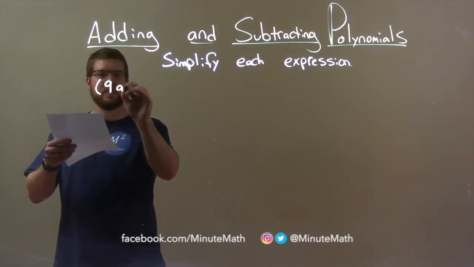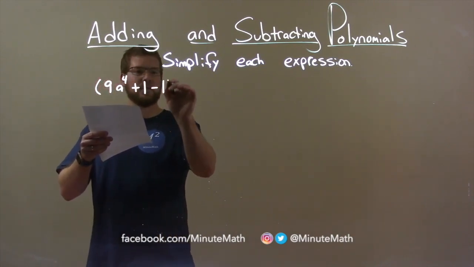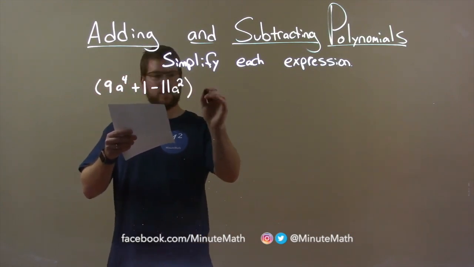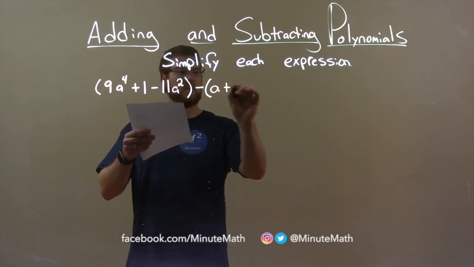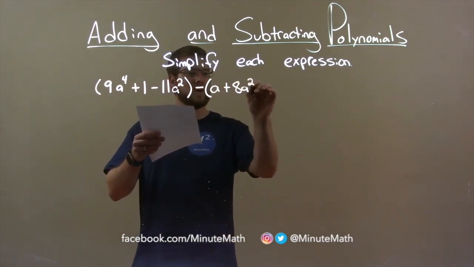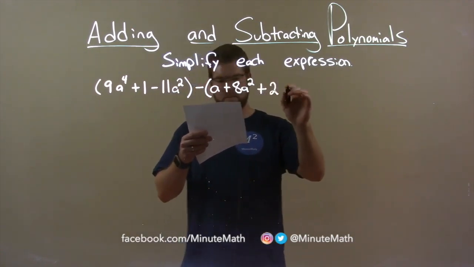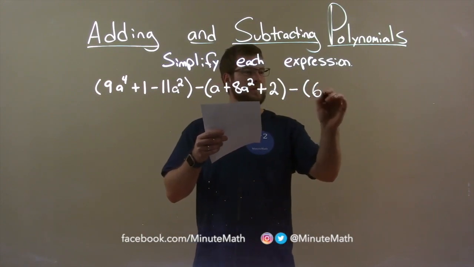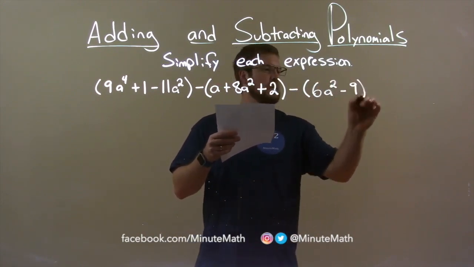9a to the 4th plus 1 minus 11a squared, next parenthesis, minus a plus 8a squared plus 2, and then minus, last parenthesis, 6a squared minus 9.